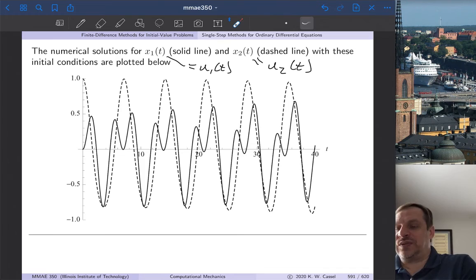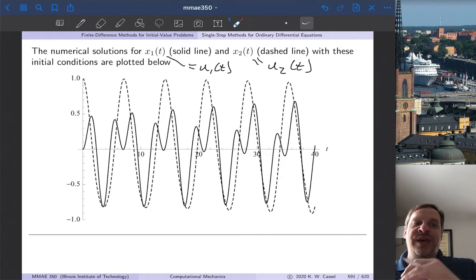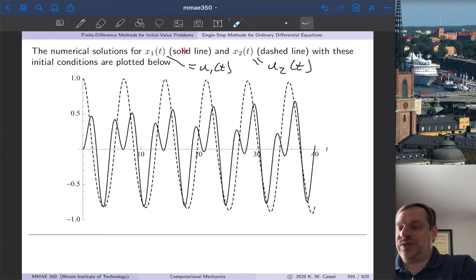So you'll get as a solution u1, u2, u3, u4 of t, but then when you go back to the original variables, we just need x1 and x2, which are the u1 and u2. So u1 or x1 is the solid line, and you can see it satisfies the initial condition, 0 at t is equal to 0. And then the dashed line, that's x2 or u2, which starts at 1.